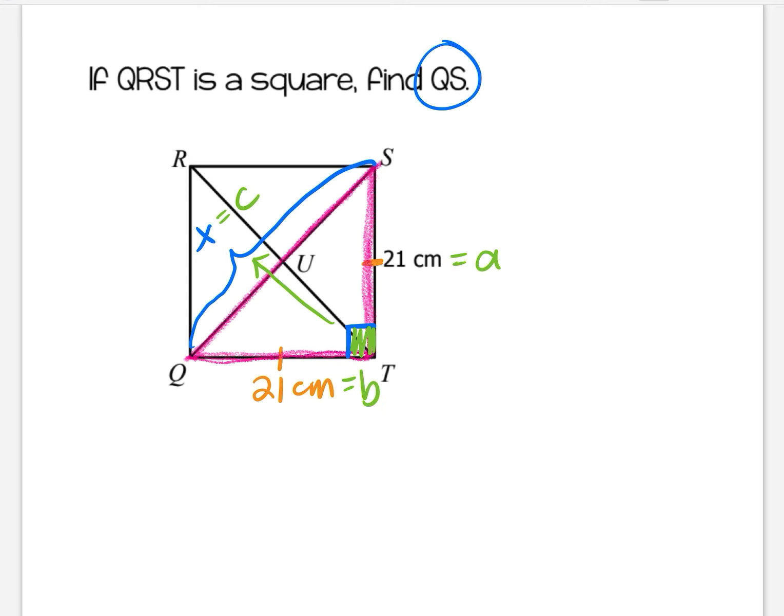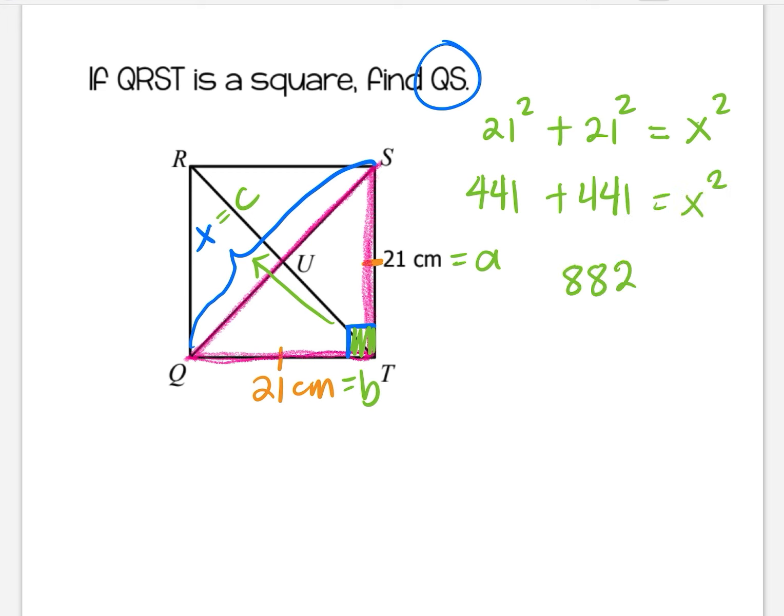So we will have 21 squared plus 21 squared is equal to X squared. 21 squared is 441, plus 441. Adding these two together, that makes 882 equals X squared. If we extract the square roots on both sides, it will give us a decimal.